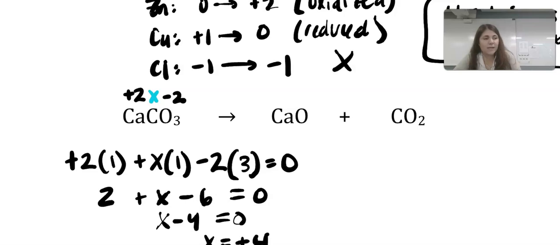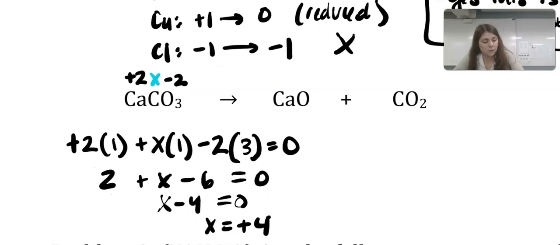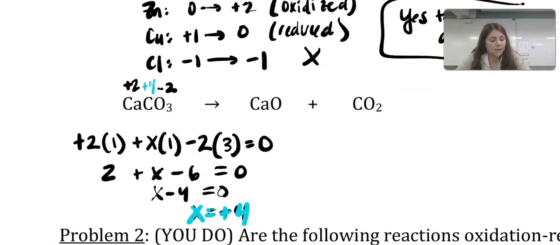Bring that to the other side, I get +4. So here, x will be +4, and I'll trade places up there, +4.